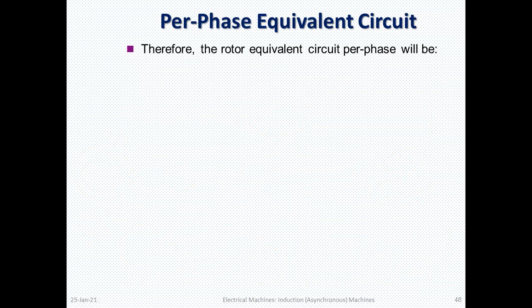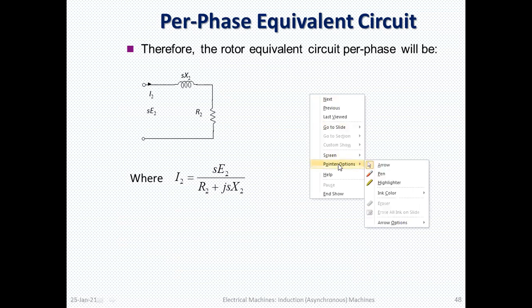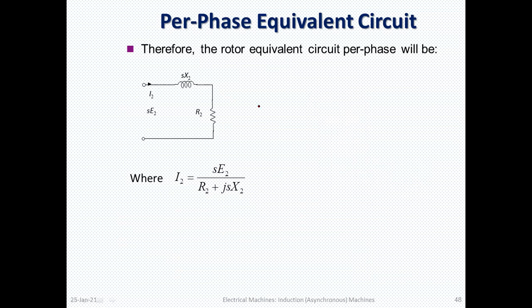Therefore, we can write the rotor equivalent circuit per phase. We have already derived two conditions, and the equivalent rotor circuit per phase is like this. SX2, what is SX2? SX2 is nothing but X2S, meaning this is the reactance at slip S, and this is the rotor side.